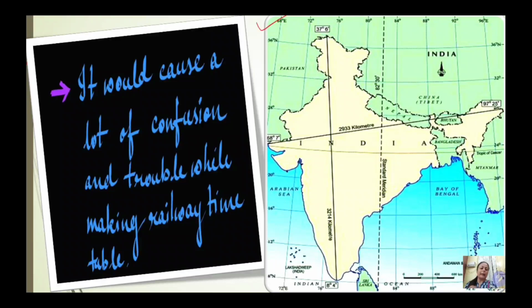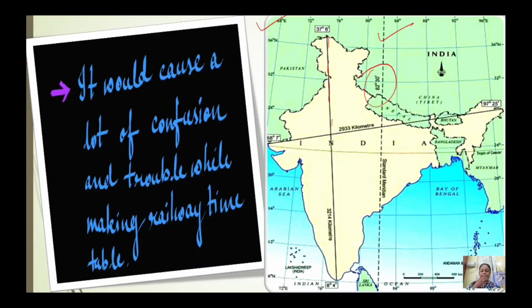If you see this map, it's a map of India, and the standard longitude is passing from almost the center, that is 82.5 degree east. So this longitude is passing from almost center, that is through Mirzapur in Allahabad in Uttar Pradesh.